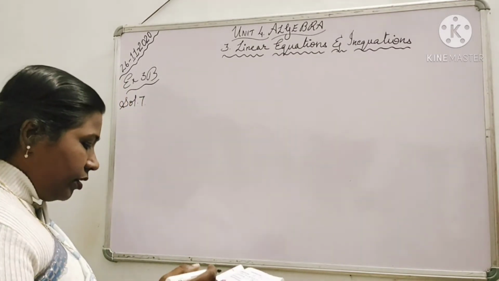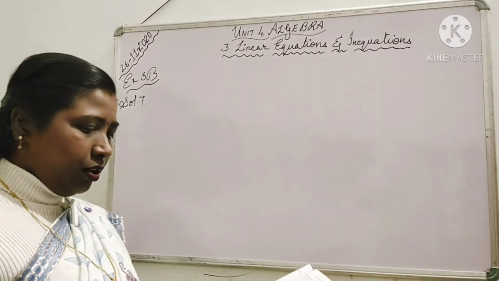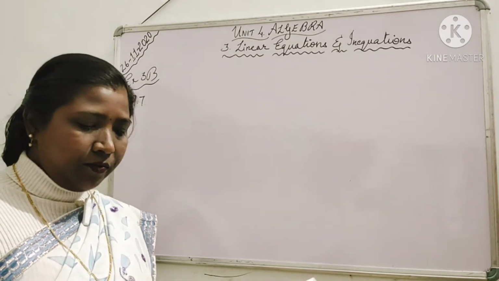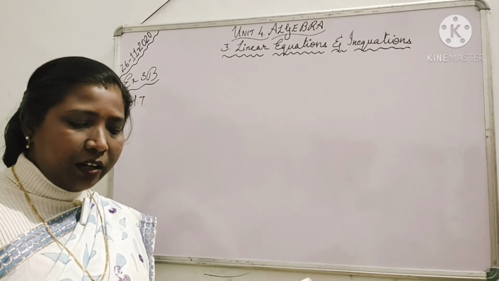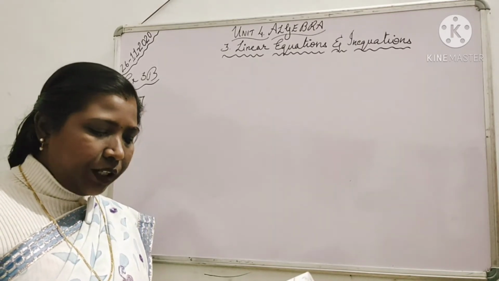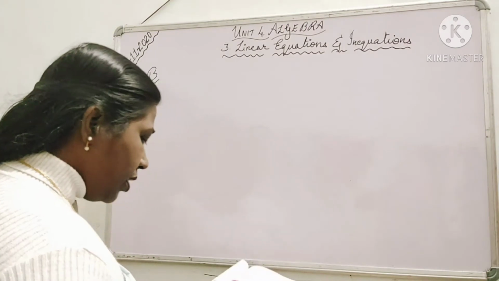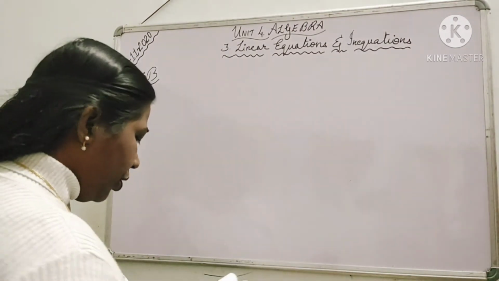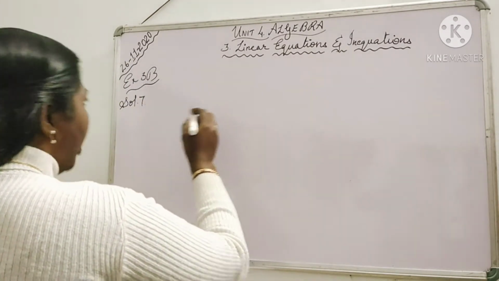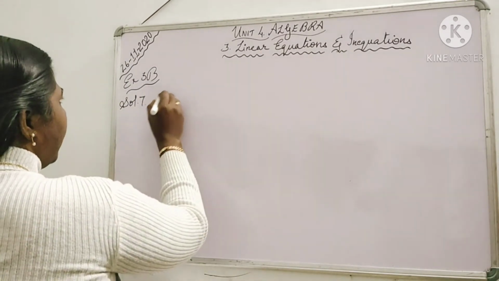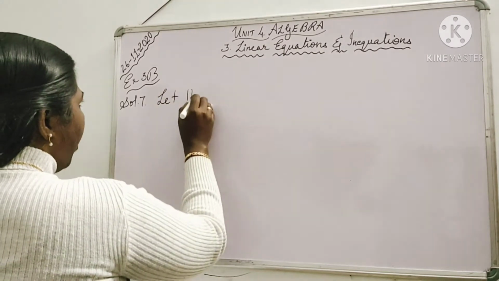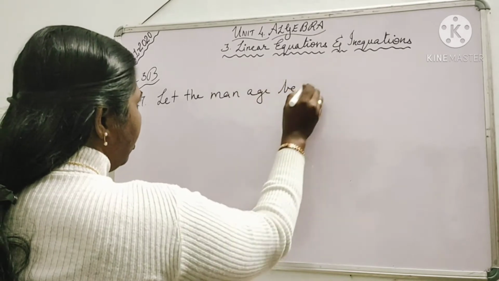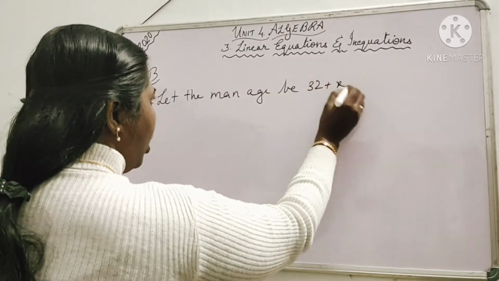The sentence you are forming should be correct. A man is 32 years old. Here we have to find after how many years his father's age and son's age will be in that ratio. So let the man's age be 32 plus x.